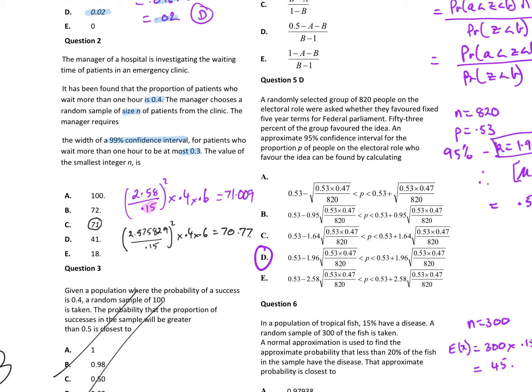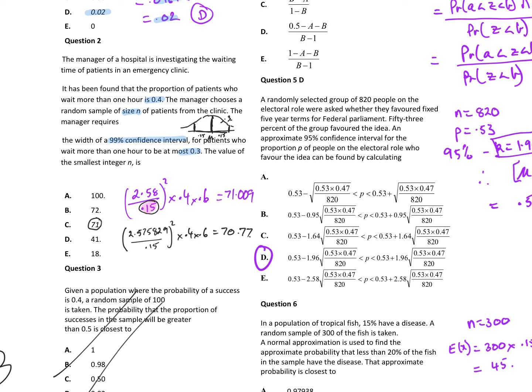Okay, so this is a good one. So the width of the confidence interval. So if we just do a very small diagram, I want that width there, if that's the mean, I want this confidence interval to be only 0.3 wide, which means the error is in fact 0.15.